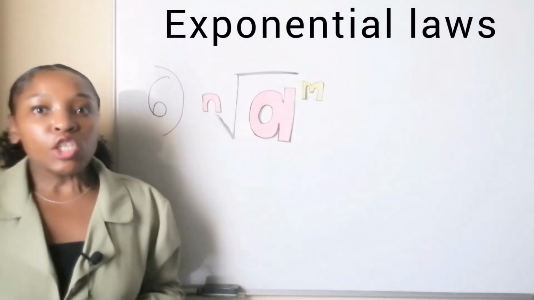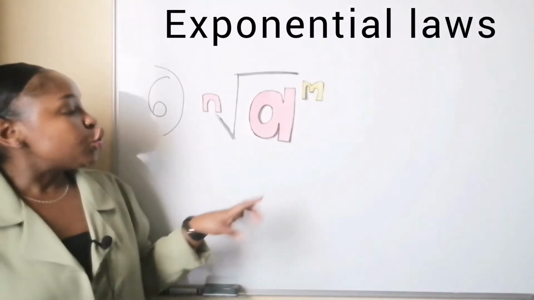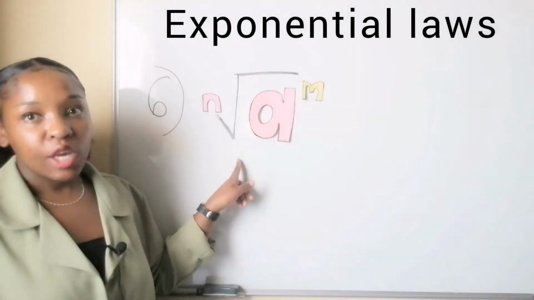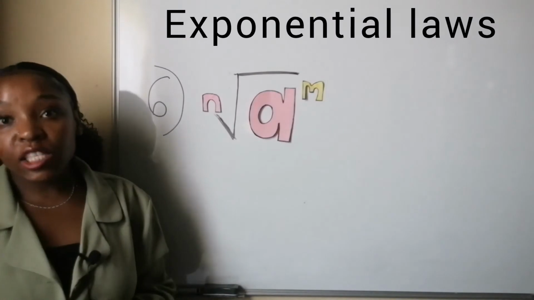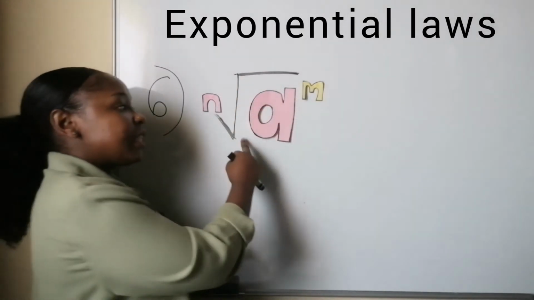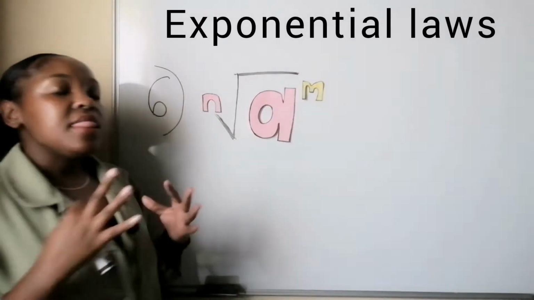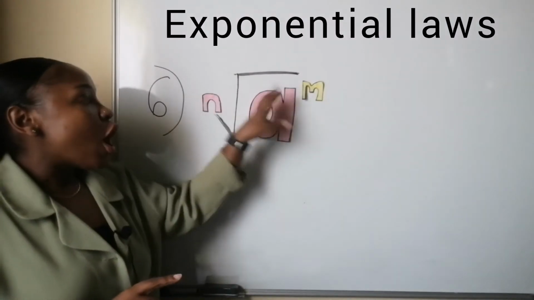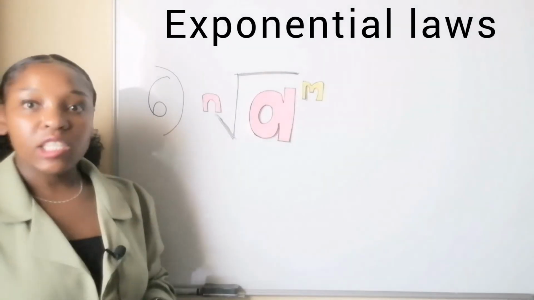All right, so the sixth exponential law states that to find the root of a power, you divide your exponents. So we can see that we've got a root here, and obviously we've got a power. We've got a raised to the power of m, and this exponential law says that to find a root of a power, you simply divide your exponents.